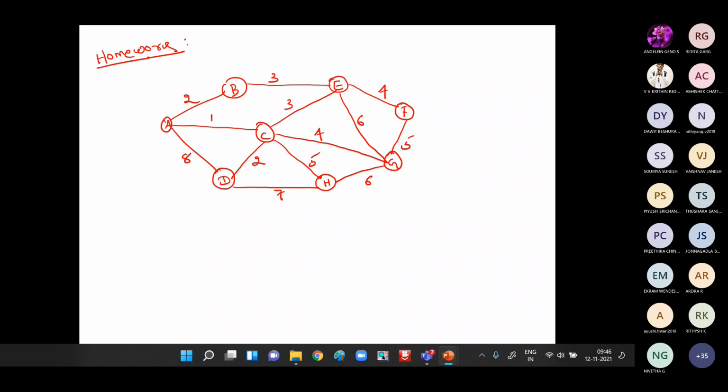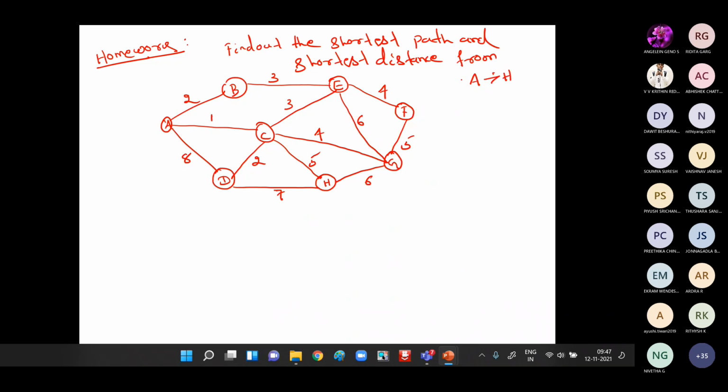Find out the shortest path from A to H and the shortest distance. Okay. From source node A to destination node H. Okay, guys.